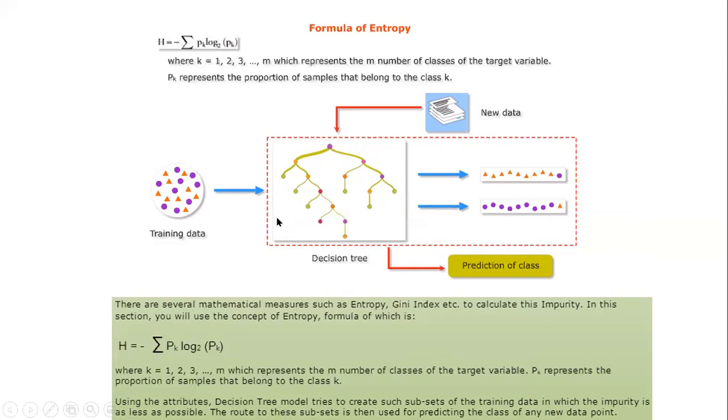Based on that, we will make a decision tree like this, and this decision tree will help us to do some predictions, whether we can play this Sunday or not, whether we can play the next Sunday or not. Here there are two classes, and there are some errors also. This circle and triangle show there are some errors, and the same thing is here because prediction cannot always be 100%. Right. So this is the formula that is being used to do this division.